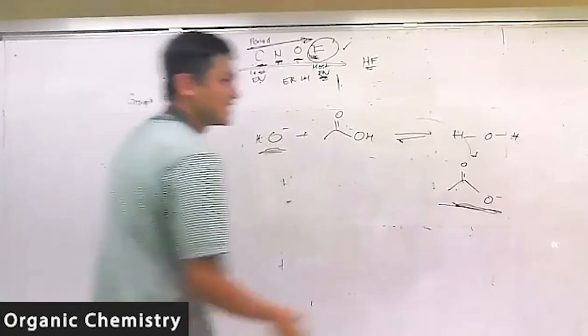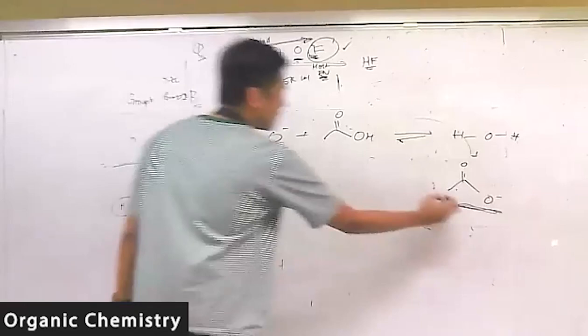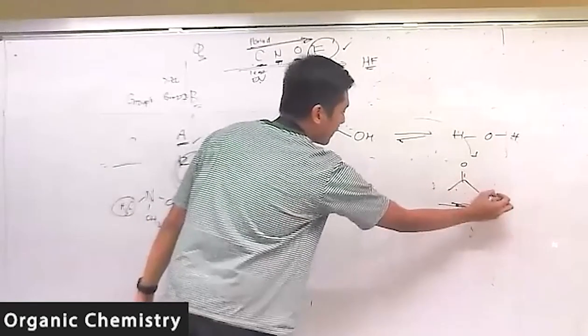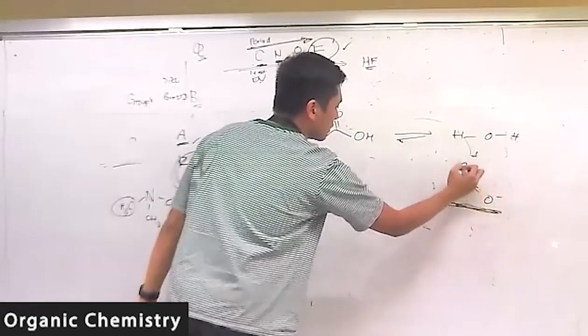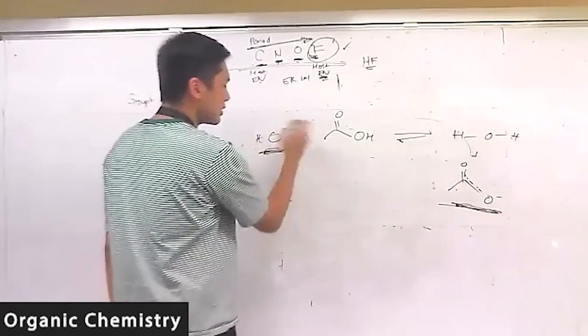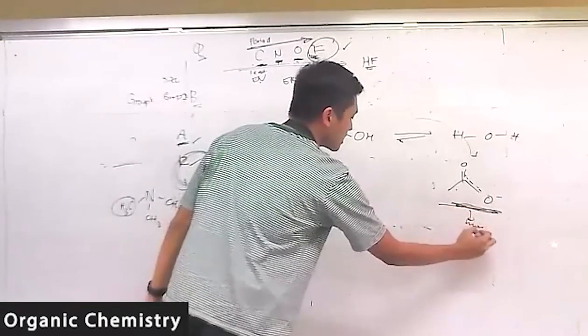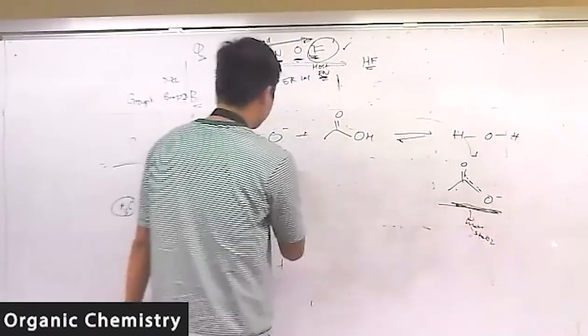Thank you for answering. The correct answer is resonance. Here we see that the negative charge could resonate between two atoms. Here, the negative charge is localized to one atom. So this is the more stable compound, and this is less stable.